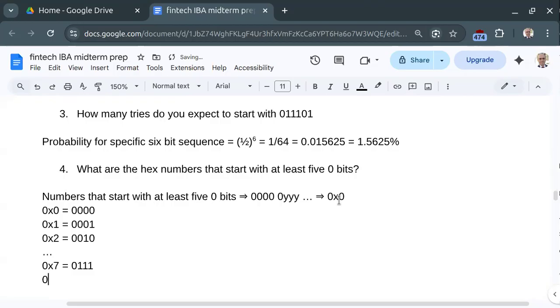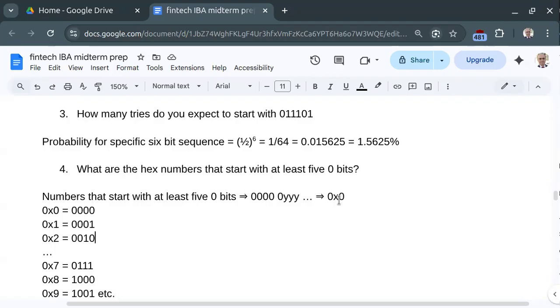If I take the 8 hexadecimal, that is 1000. So if you get an 8 and above, you're not going to have a 0 at the leftmost bit.